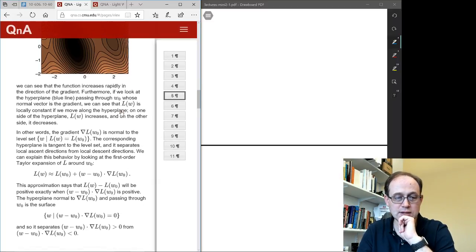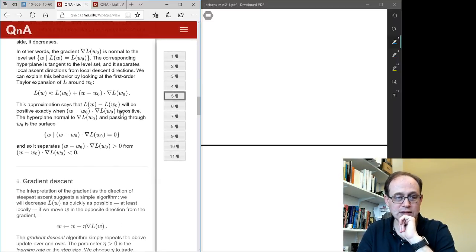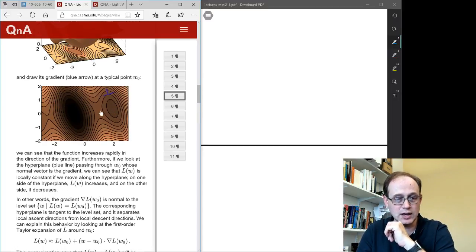And we can actually derive that if we take a look at the local Taylor expansion of our loss function around our current point. So our loss is equal to the loss at our current point plus the direction we move dotted with the gradient. This says that we're going to increase the function exactly when the direction we move dotted with the gradient is positive. That is to say, when we're on this side of the hyperplane up here.